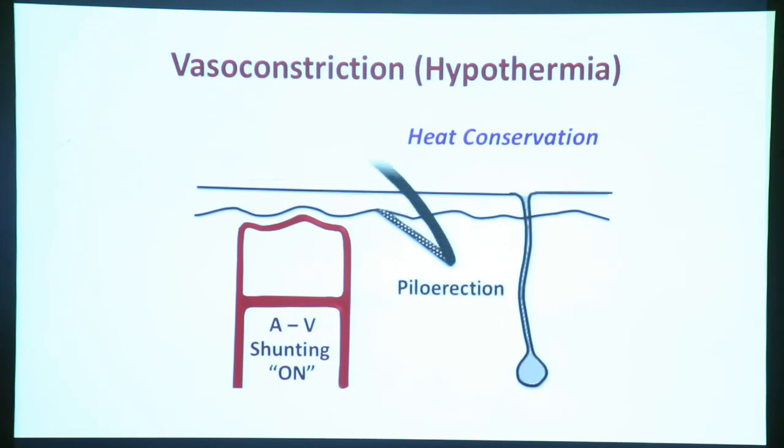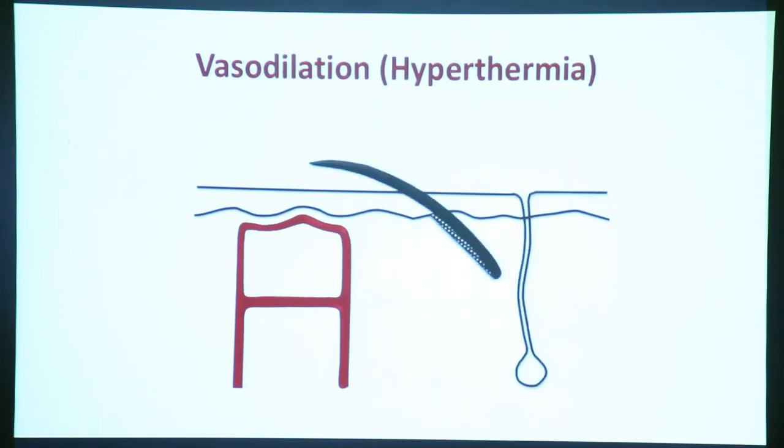Together with that, you will also have piloerection, which is normally seen, where the hairs stand up. So this is a response to hypothermia, where you have vasoconstriction. What happens in hyperthermia? Just the opposite. In hyperthermia, the body wants to get rid of heat and has to enhance the heat loss to the environment.